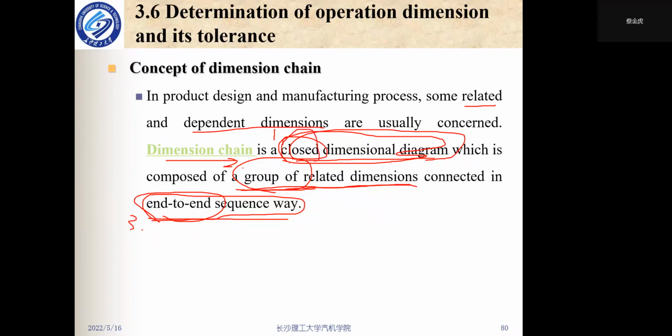We have seen in all the examples, the dimension chain is a closed dimension diagram, which is composed of a group of related dimensions connected in an end-to-end sequence. Three key points: closed, group of dimensions, and end-to-end sequence.